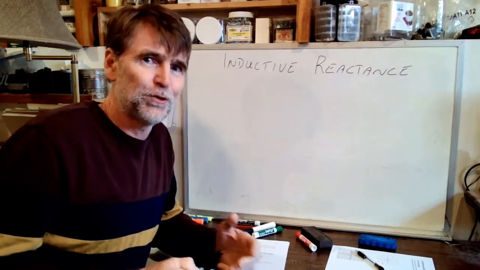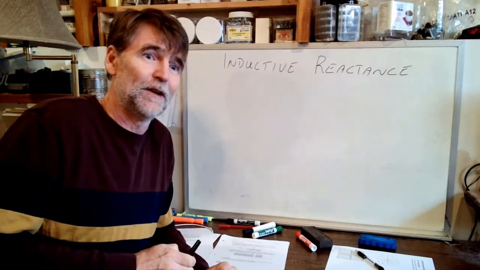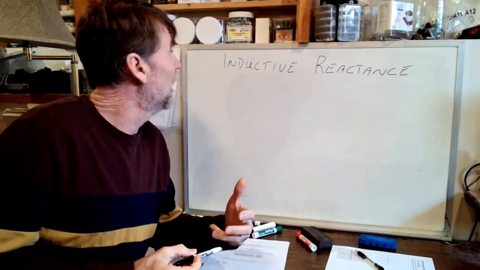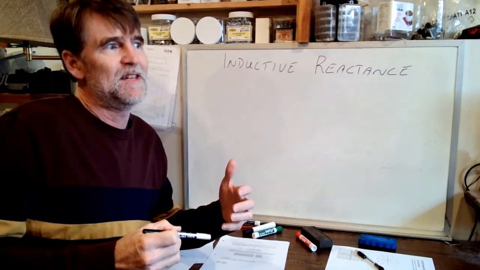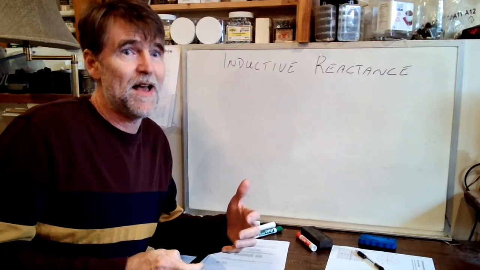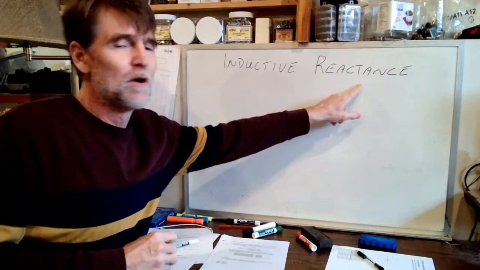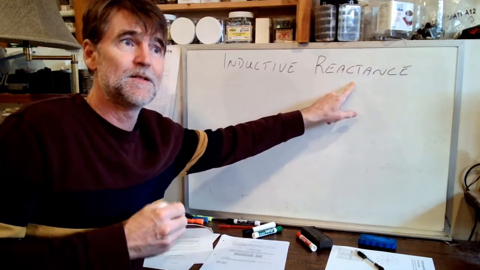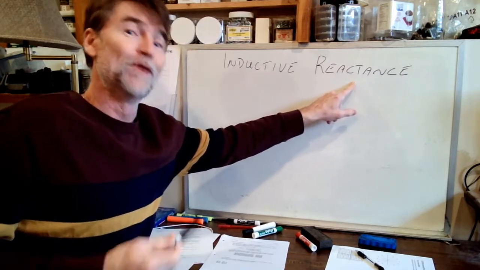And while that's true, it's not quite the entire story. This opposition in the circuit is not the inductance so much as it is the inductive reactance. So reactance is the new resistance.